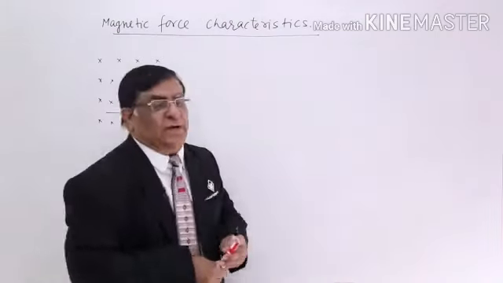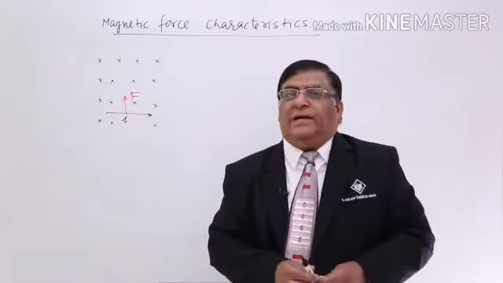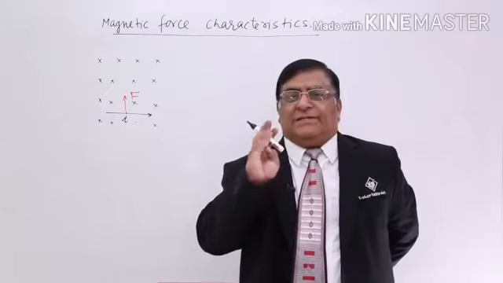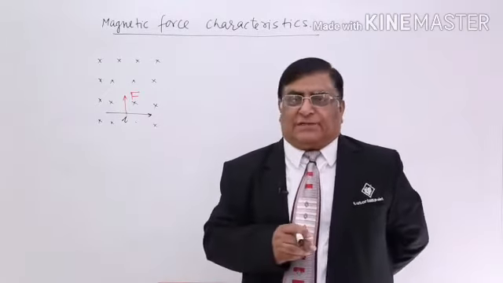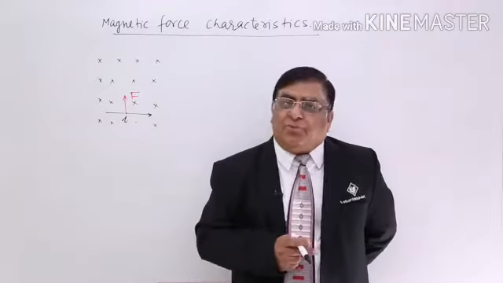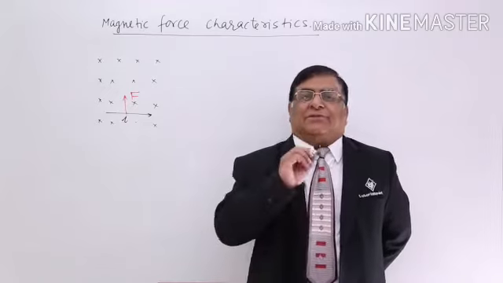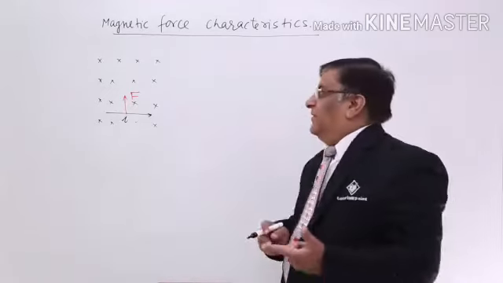Now what happens because of this force? We know that a force can do three things: increase the velocity, decrease the velocity, or change the direction. For increasing or decreasing the velocity, it should be acting in the direction of velocity, or its component should be acting in the direction of velocity.